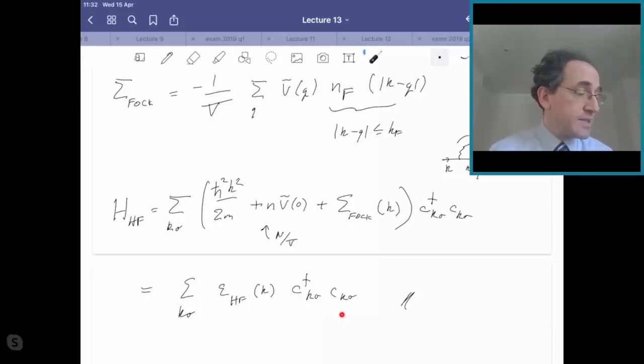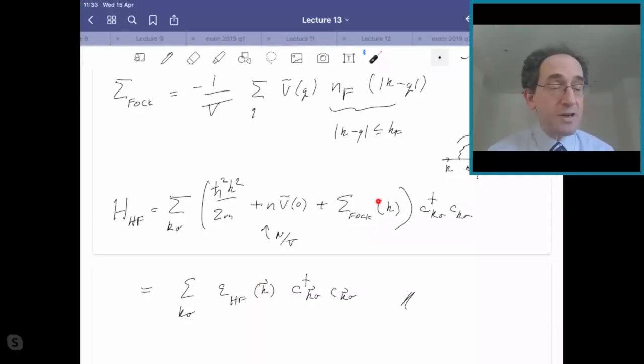That constrains our Hartree-Fock Hamiltonian to be a sum of terms, each with a definite momentum corresponding to a particular orbital. The only thing the Hartree-Fock Hamiltonian is doing is giving us a modification of the energy of each orbital, and this self-energy term depends on the occupancy of all the other orbitals.